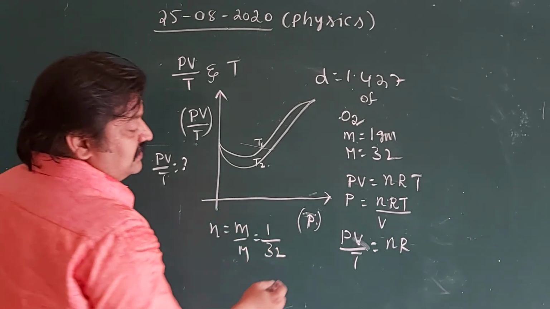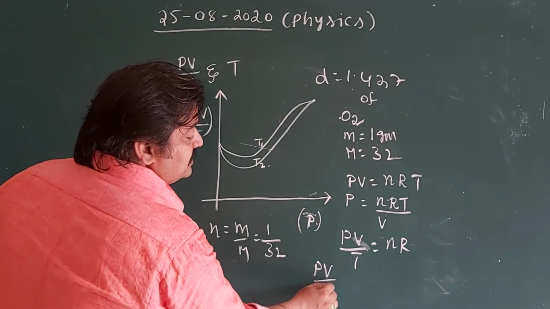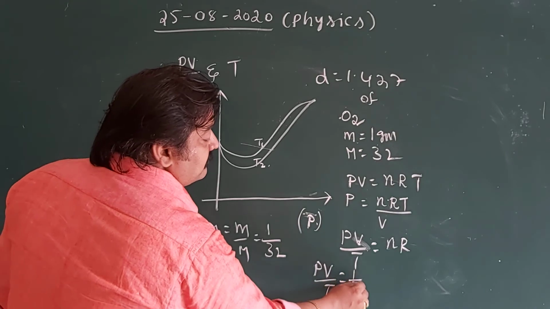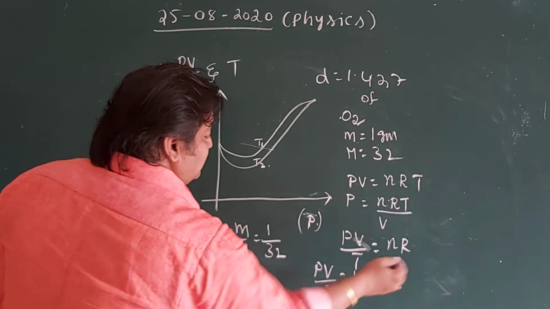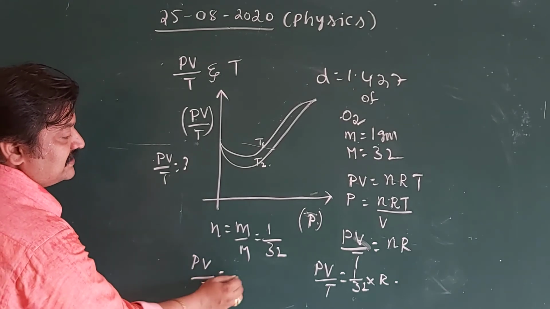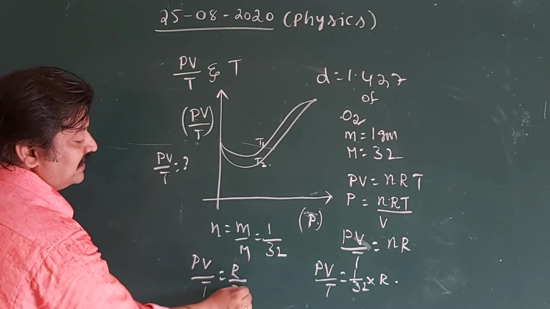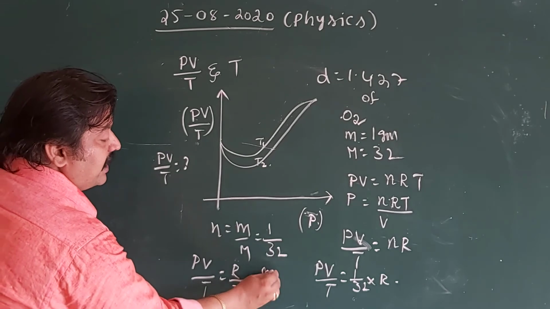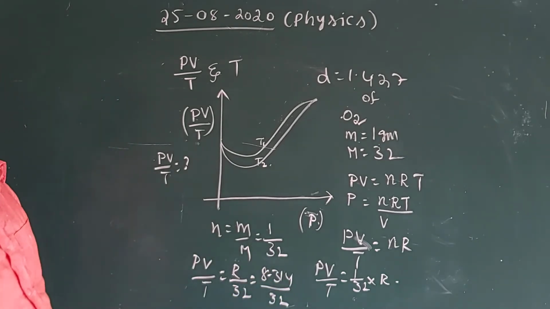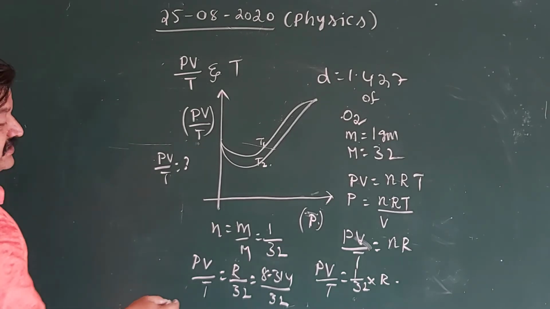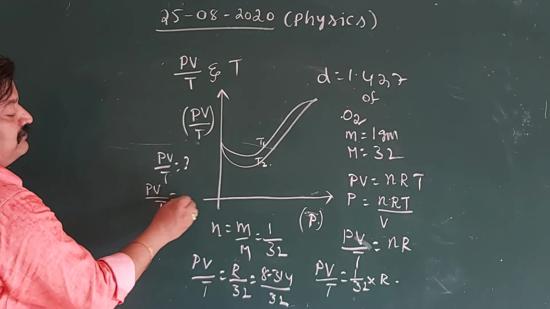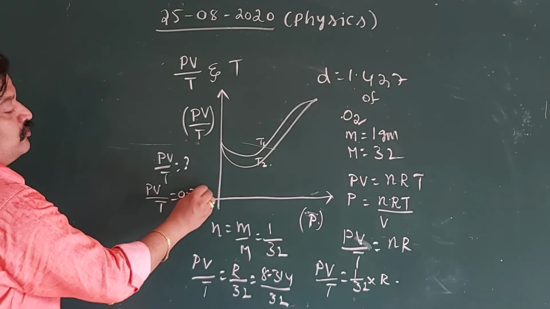By using this relation, PV by T is equal to 1 by 32 into R. Now by simplifying, PV by T is equal to R by 32, that is 8.314 by 32. It is nearly 1 by 4, which gives the value 0.256. So hence PV by T is equal to 0.256.